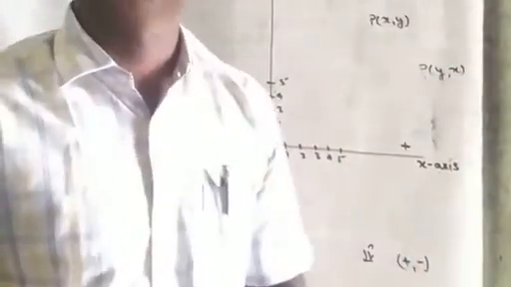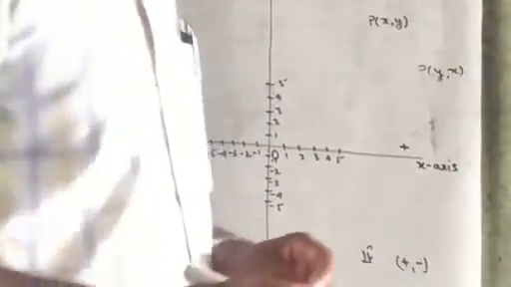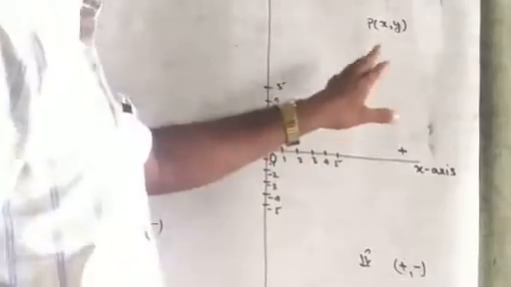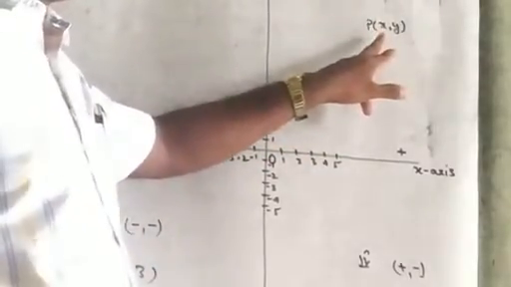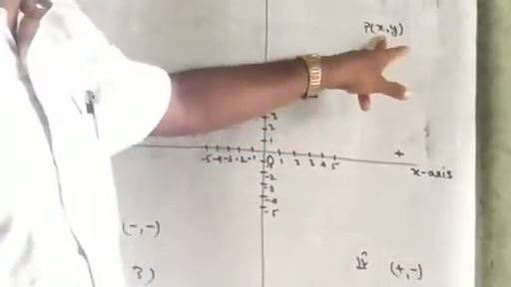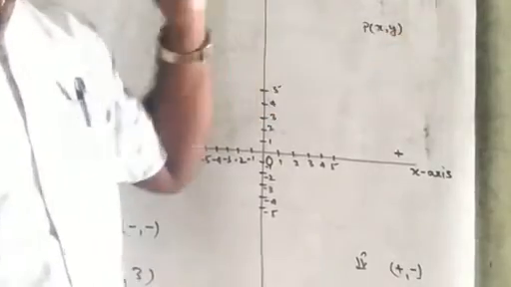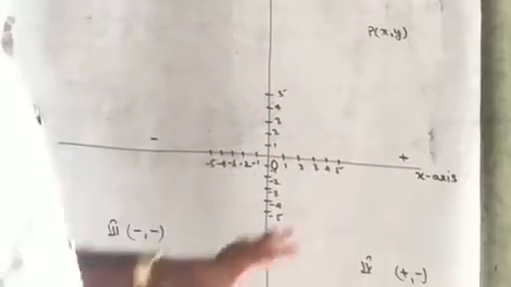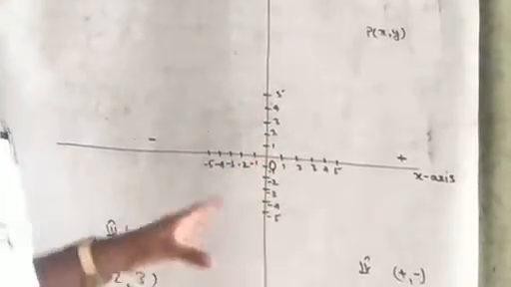No, it is not possible. It is impossible. First we write the coordinates of a point in brackets. First we write the abscissa value, comma, the ordinate value.